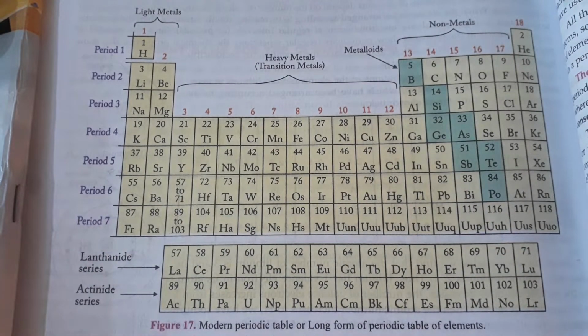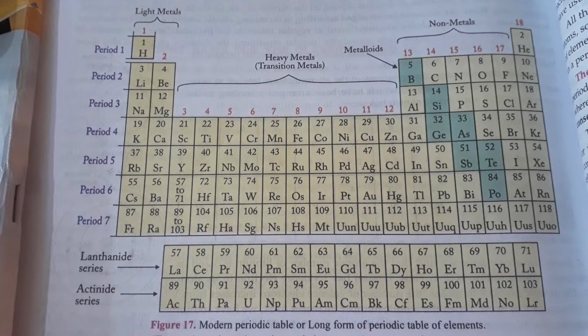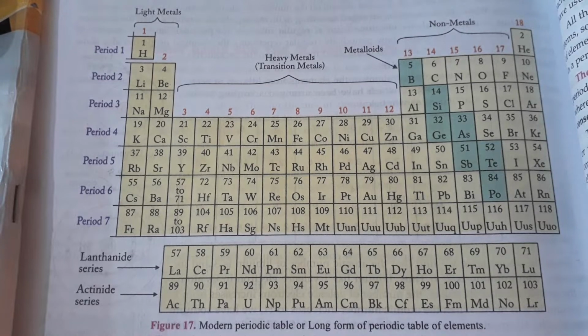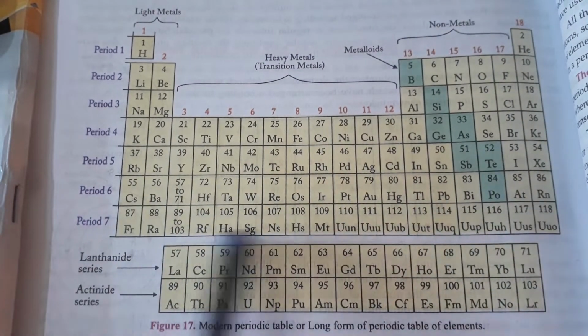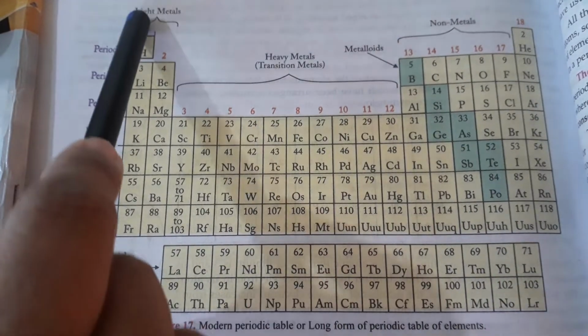In the modern periodic table also there are periods and groups. What is meant by periods? The horizontal rows of elements in the periodic table are called periods, and the vertical columns are called groups.